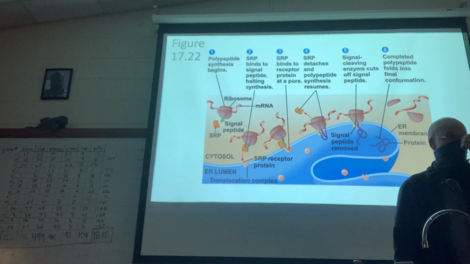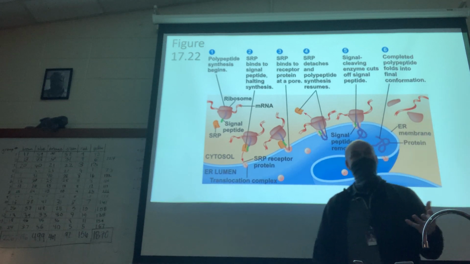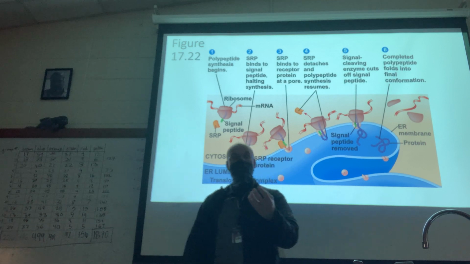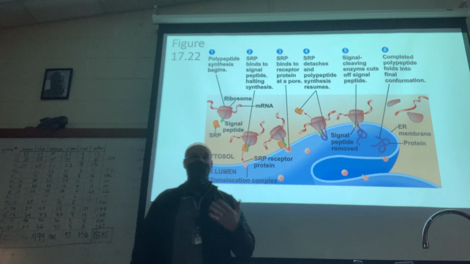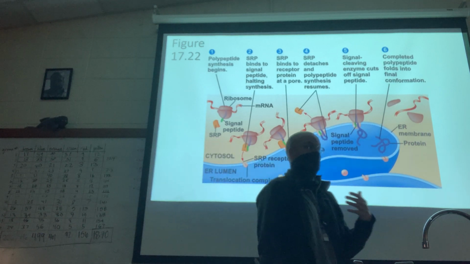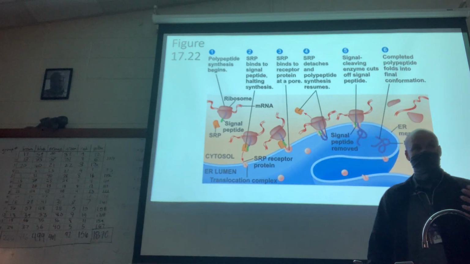Now here's the thing, there's a lot of things proteins are used for. Some proteins are used within the cell to drive whatever process the cell needs to have occur.